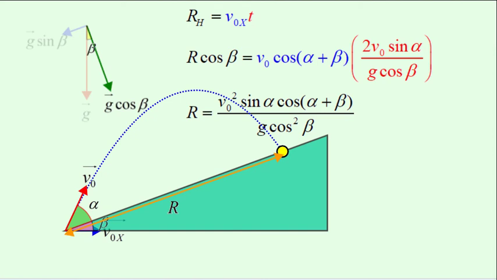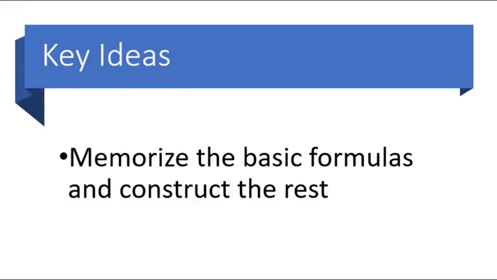And as far as the range is concerned, use the concept that the horizontal range would be equal to the constant velocity component along the horizontal direction times the time of flight. To quickly remember the projectile formulas, go to the basic formulas and apply the components of velocity and acceleration in the corresponding directions.